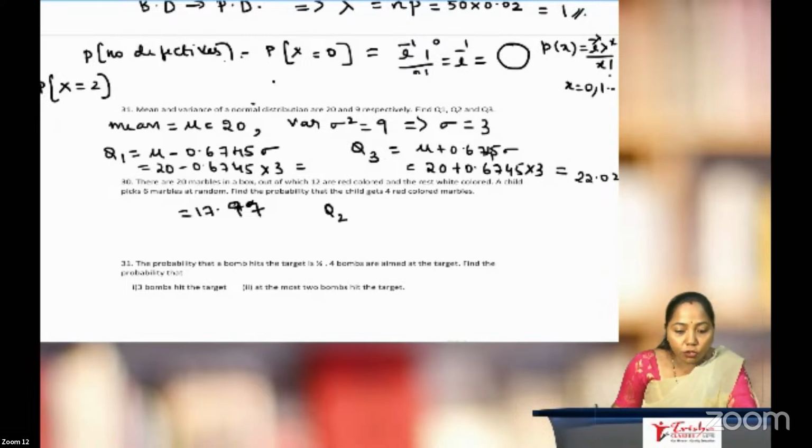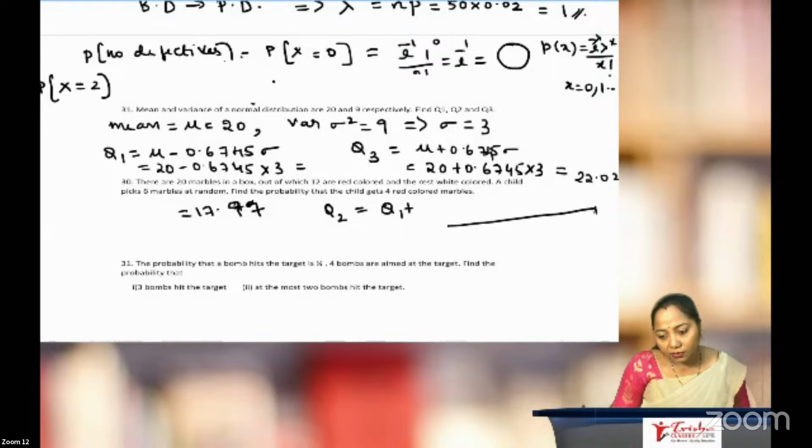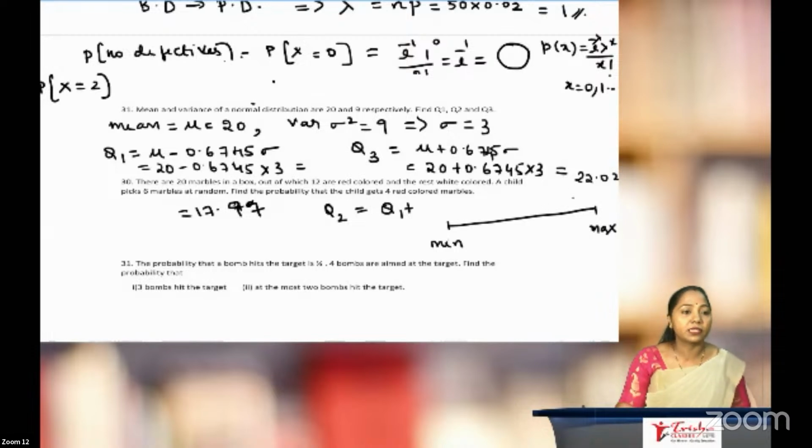They're asking us to find Q2. Q2 is nothing but the median, the second quartile. What is the relation between the lower quartile, upper quartile and the median? If I take a distribution, when the data is given, whether heights, weights, marks, any data, there will be a minimum value and a maximum value. The median will be the middlemost value.